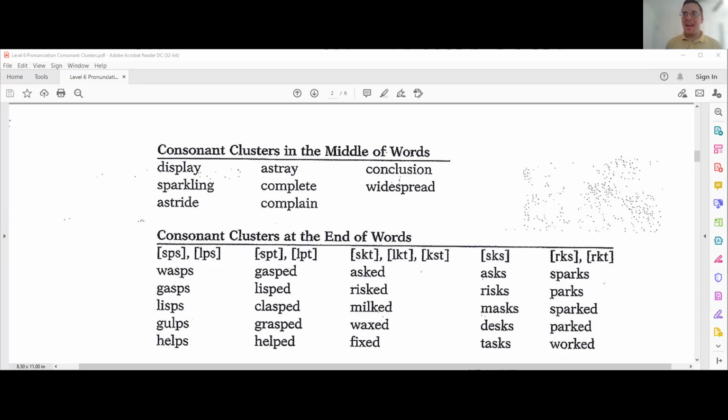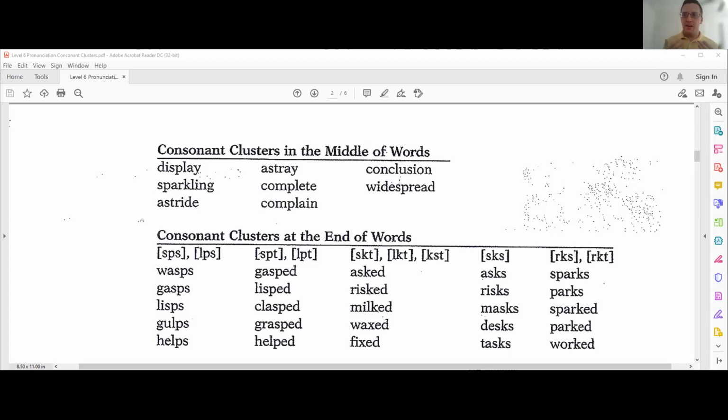Wasps, gasps, lisps, gulps, helps, gasped, lisped, clasped, grasped, helped, asked, risked, milked, waxed, fixed, asks, risks, masks, desks, tasks, sparks, parks, sparked, parked, worked.